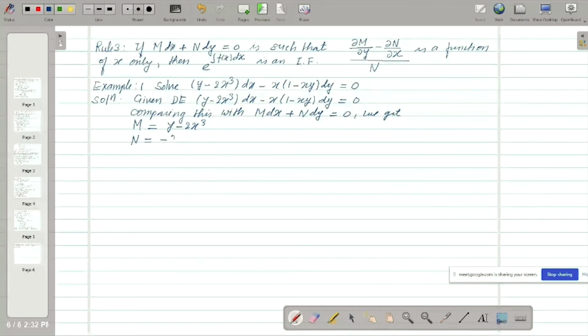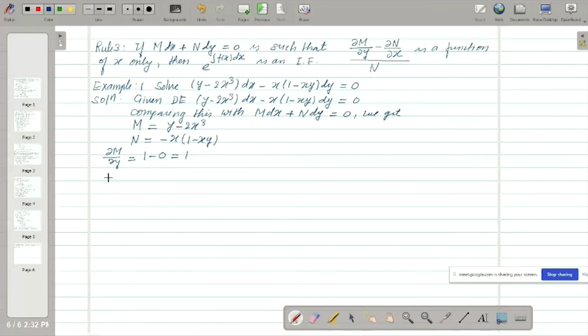N is negative of x(1 minus xy). Okay, so this is M and N. Now differentiating M partially with respect to y, so just differentiate this. So dou M by dou y is equal to 1 minus 0. So you get dou M by dou y is simply 1.